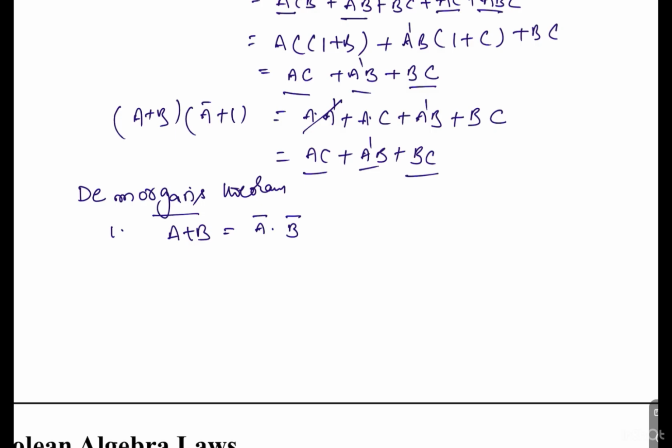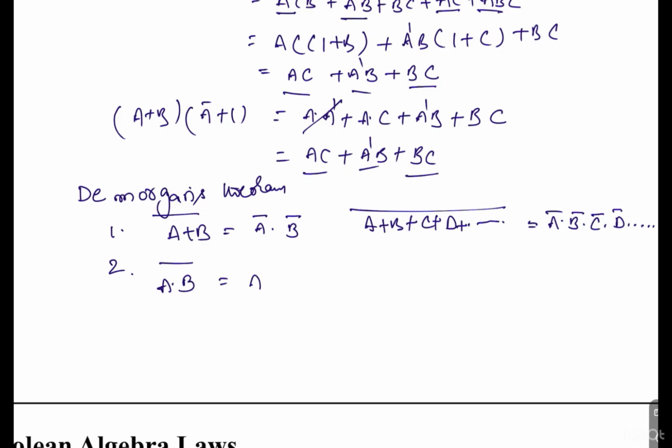Similarly, if you take A + B + C + D, the same way whole bar can be written as A bar·B bar·C bar·D bar. And then law 2 says that (A·B) whole bar is nothing but A bar + B bar.